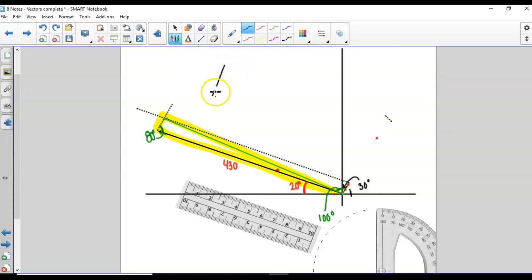I'm going to make myself a triangle that looks a little bit fatter, so I can label it a little bit better, and label this 430, and this side right here, oh, I labeled that 1, but I should have labeled it 30, shouldn't I? 30. That is 30. I'm going to label this angle 80 degrees, and then this is the side that I'm looking for.